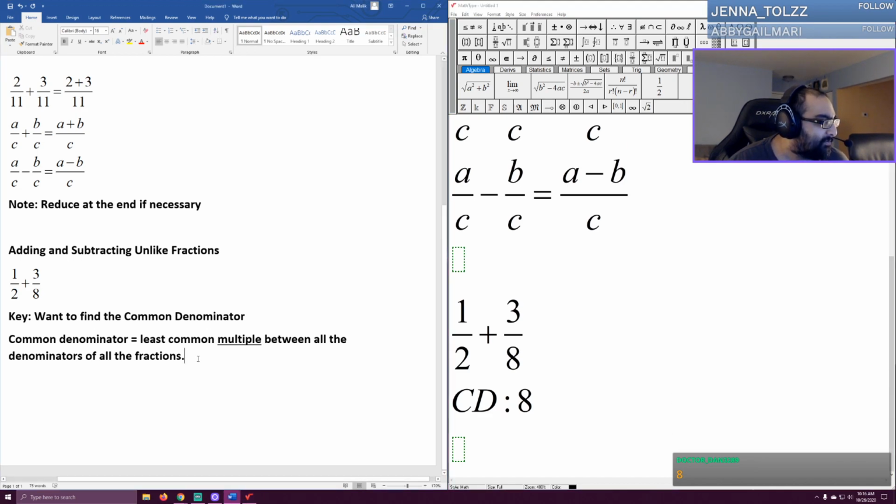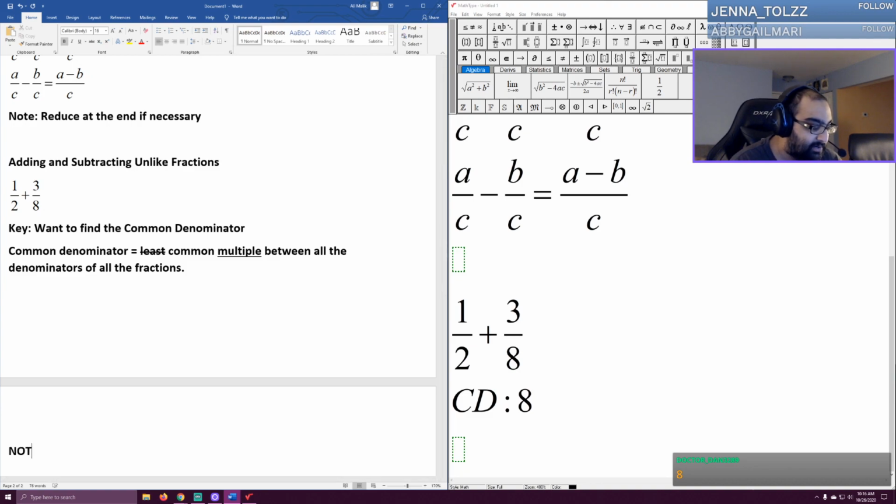Well, the one thing I don't like about the definition of the common denominator is the word least. So I don't want you to think in the words of least per se. It is the smallest one, obviously, but the way you avoid confusing yourself is you take this note into account.